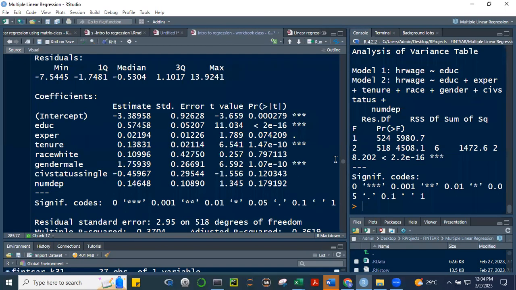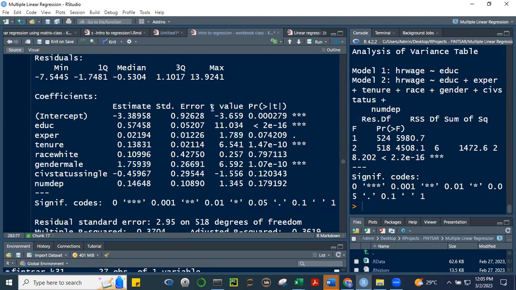Meron tayong forward at saka backward. Okay, forward stepwise regression, ang ginagawa nun, you start with blank, no? So you introduce one variable at a time. Ito naman, yung backward stepwise regression, we start with the full model and then remove insignificant variables one at a time.